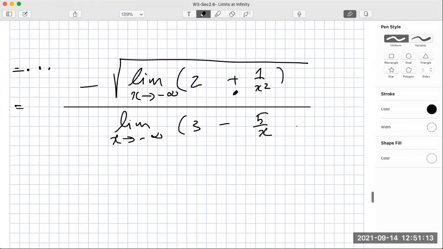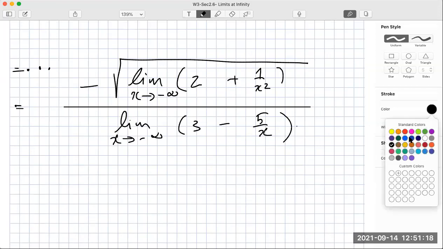Now, the same things, the addition laws and the subtraction laws, right?